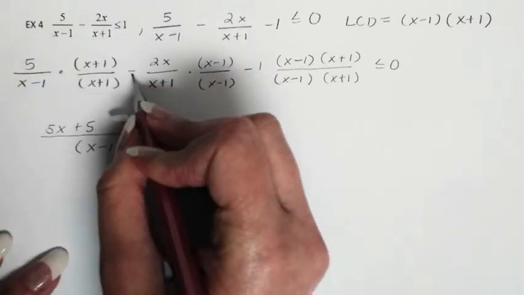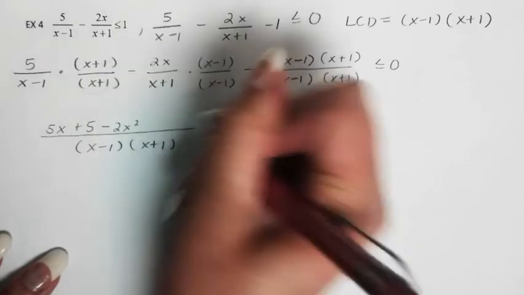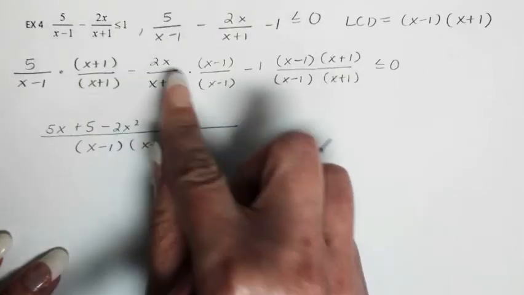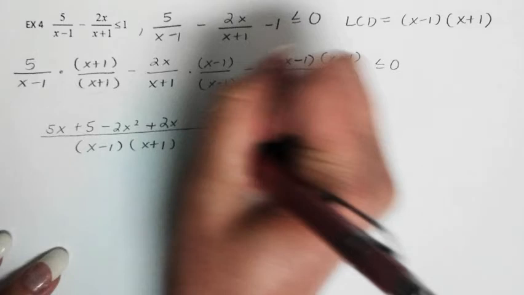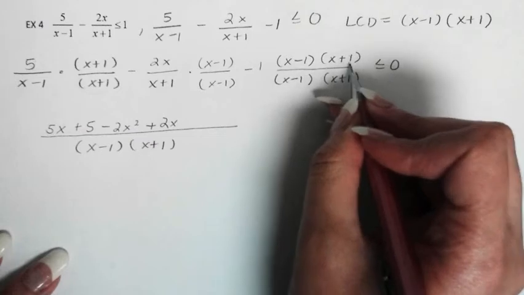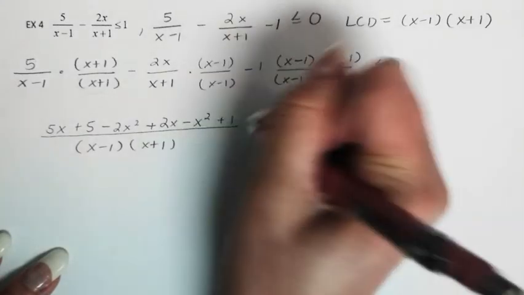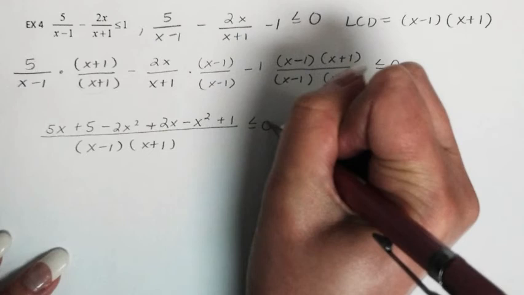Then watch out with this negative 2x times this: negative 2x times this one is going to be positive 2x. And then this one is a difference of squares, so the multiplication of this is x squared minus 1, but you have a negative, so it's going to be negative x squared plus 1, and that's going to be less or equal to 0.